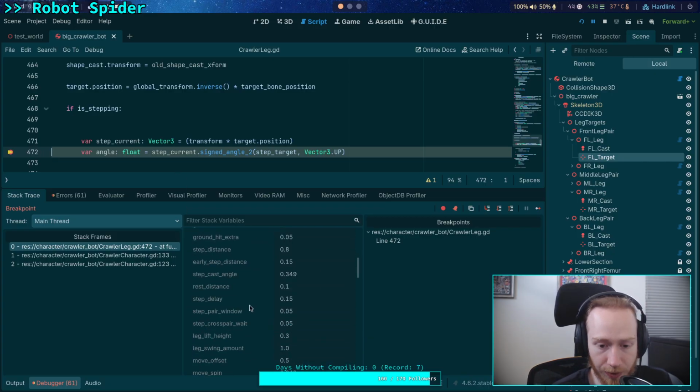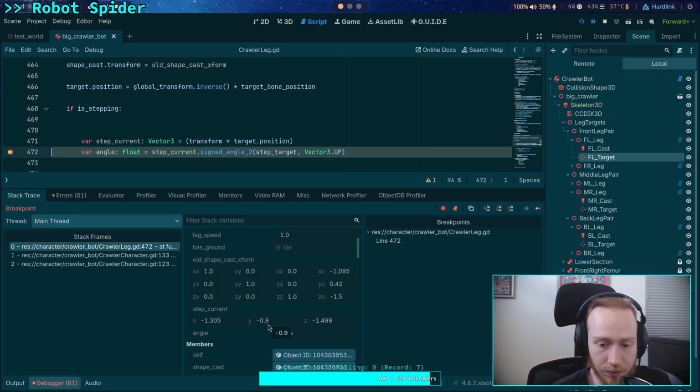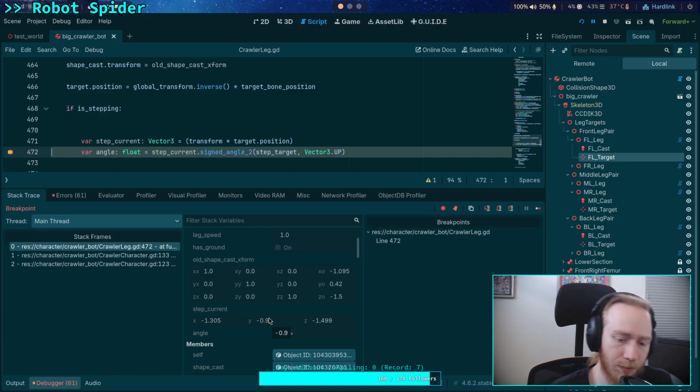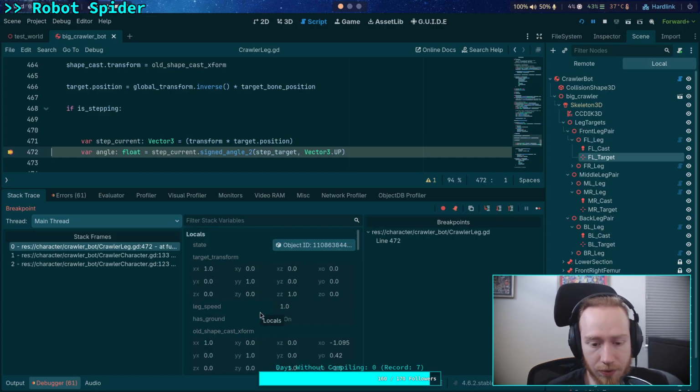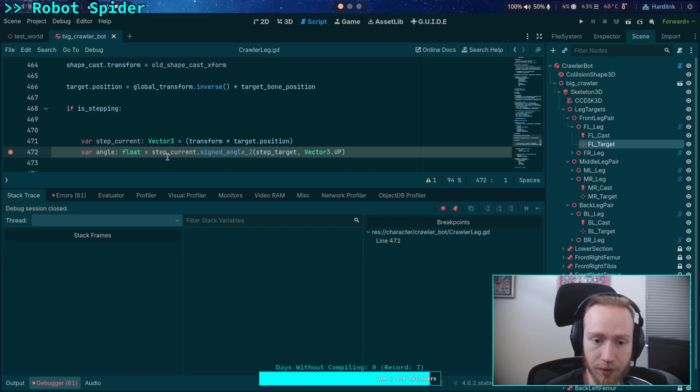And then attachment point. Wait, no, that's not right. No, because this should be relative to the body. Huh? Well, what is... Oh. Yeah.